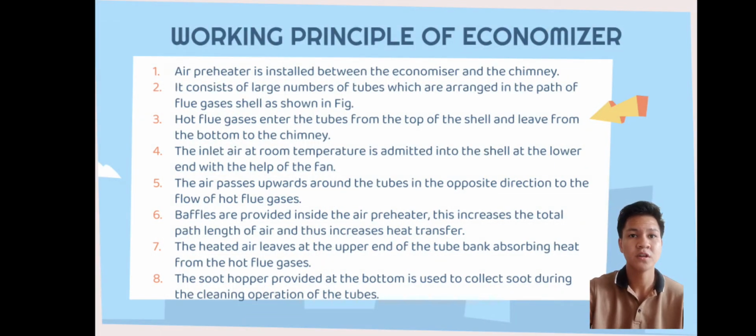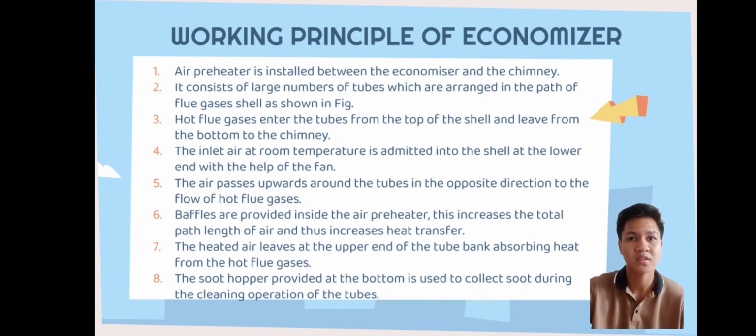Next is the construction and working of the air preheater. Number one, the air preheater is installed between the economizer and chimney. Number two, it consists of a large number of tubes which are arranged in the part of the fuel gas shell, as shown in the figure. Number three, hot fuel gas enters the tube from the top of the shell and leaves from the bottom to the chimney.